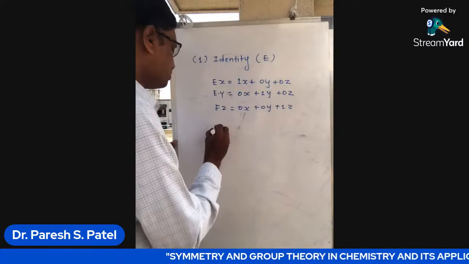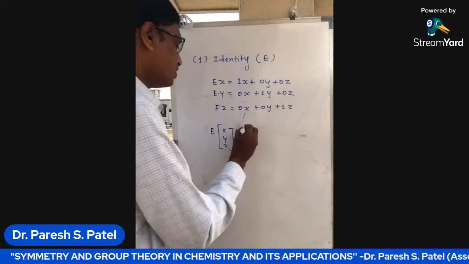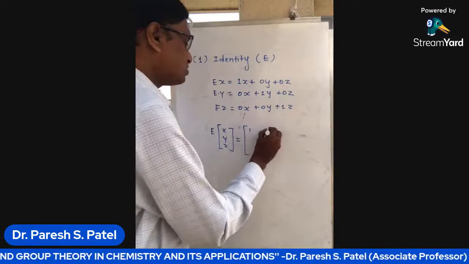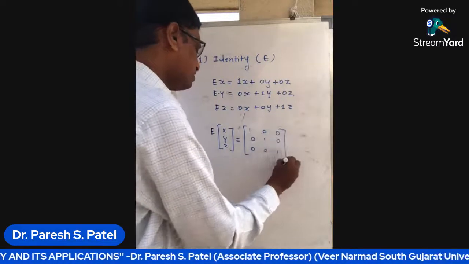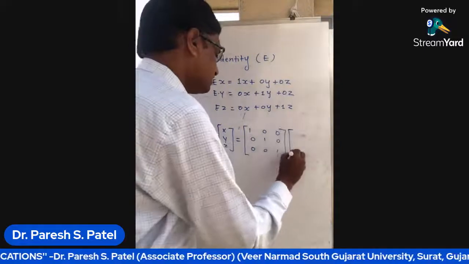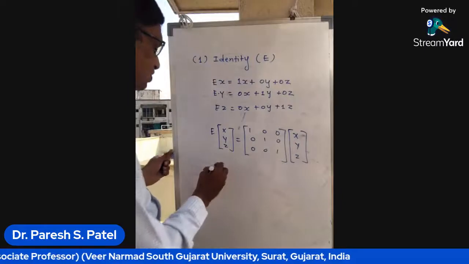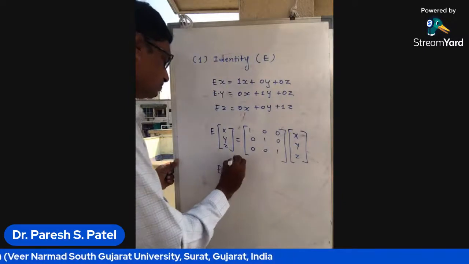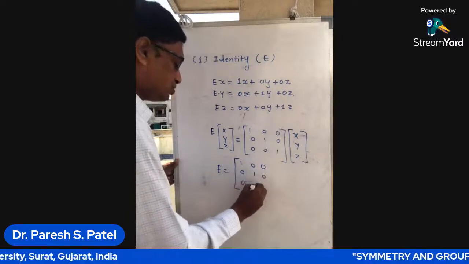So E into x, y, z is equal to the matrix 1 0 0, 0 1 0, 0 0 1, times x, y, and z. So E is equal to 1 0 0, 0 1 0, 0 0 1.